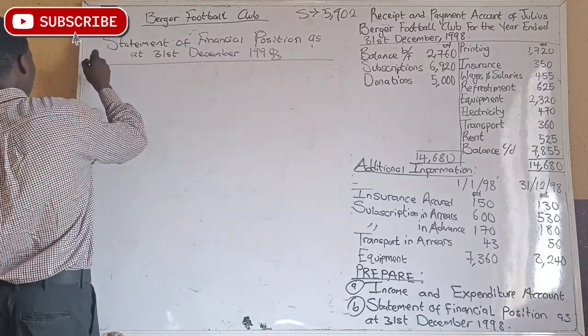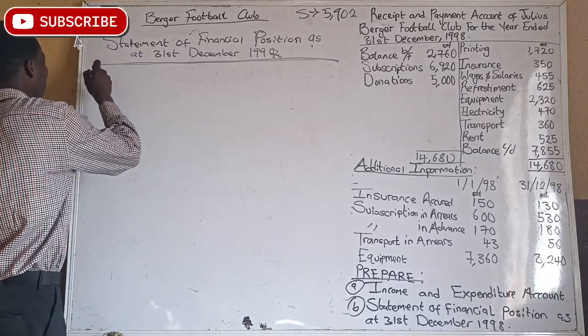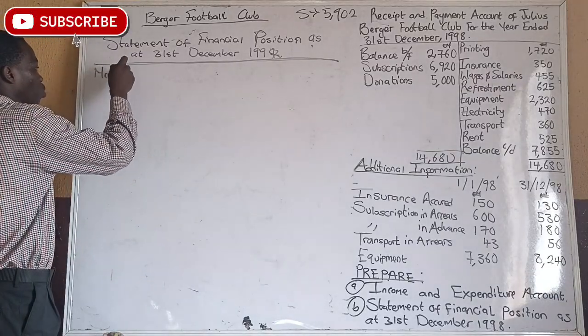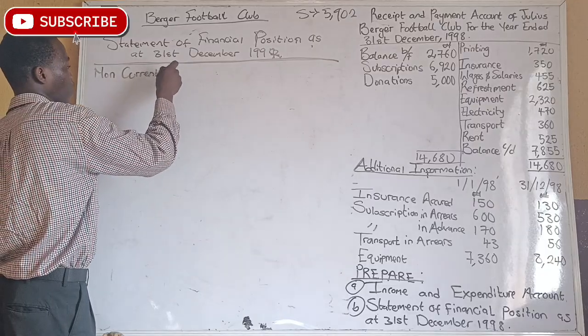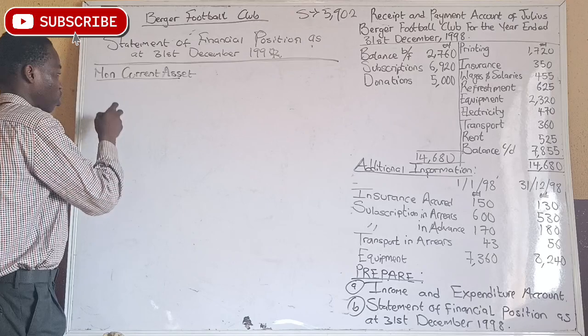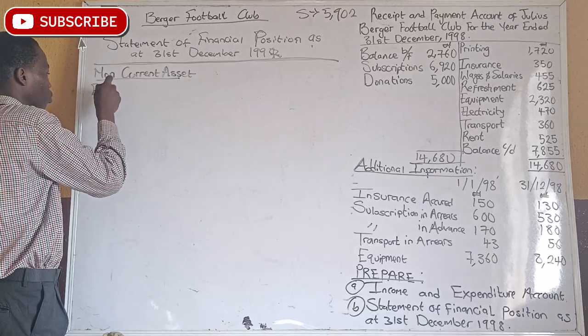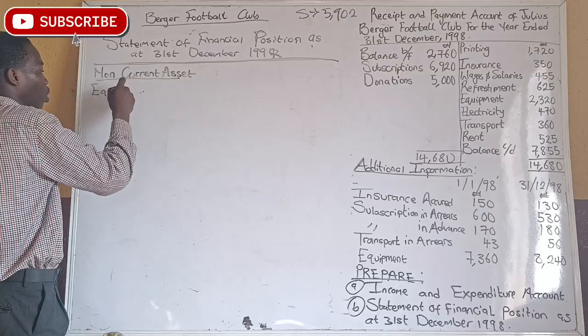So for the statement of affairs, we are starting with our non-current assets. The non-current asset we have there is the equipment.